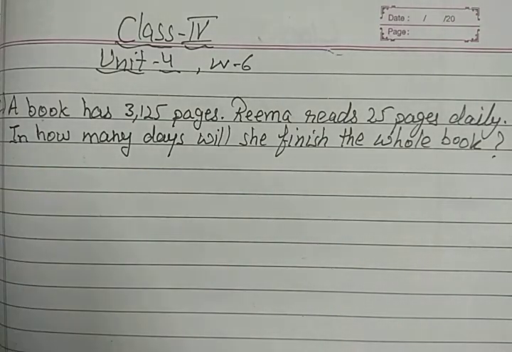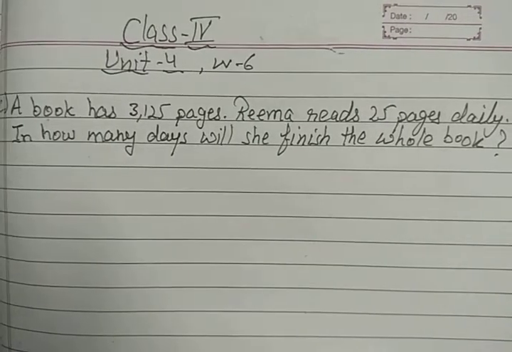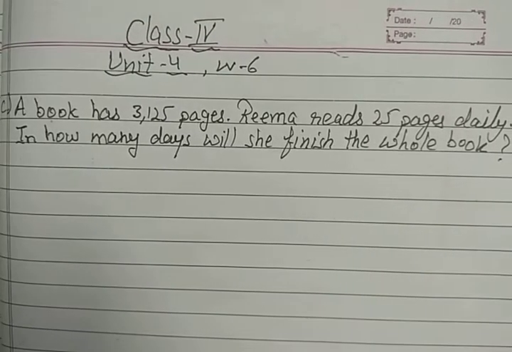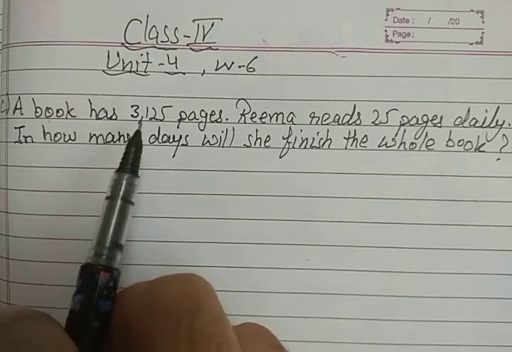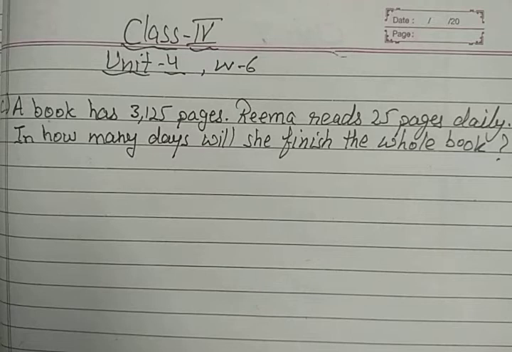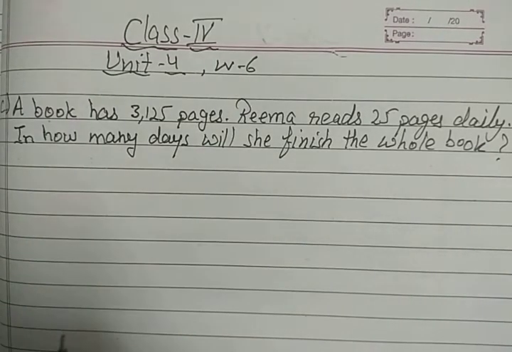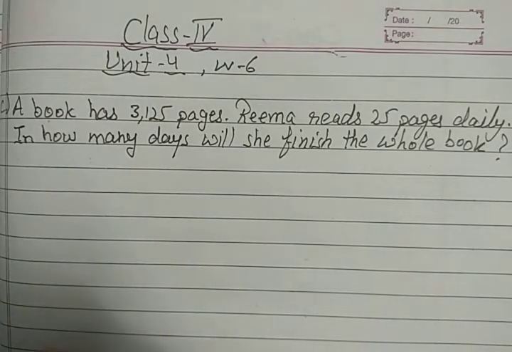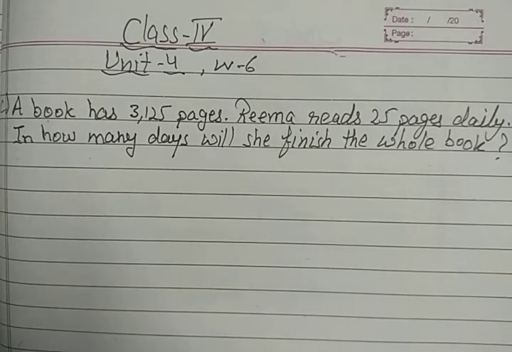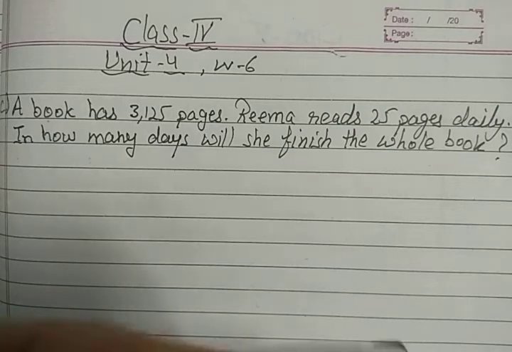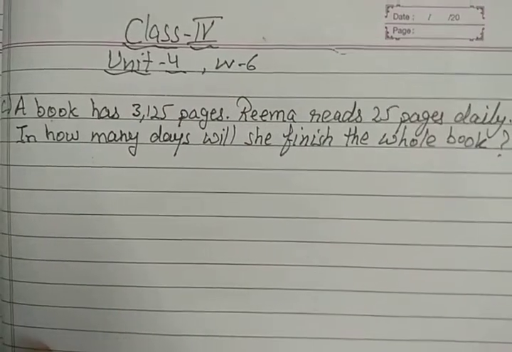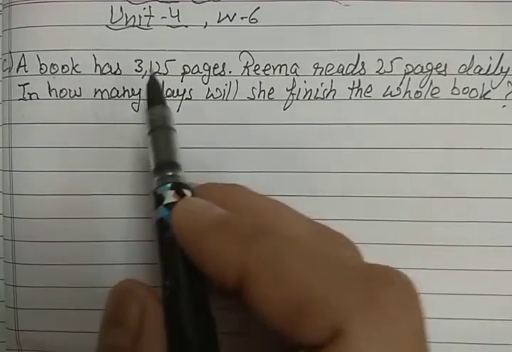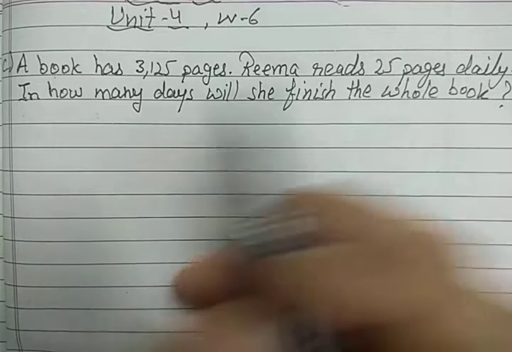That means हमें इन पेजेस को 25, 25, 25, 25 इस तरह से डिस्ट्रीब्यूट करना है. सो इक्वल डिस्ट्रीब्यूशन जब हमें करना होता है तो हम क्या करते हैं? इक्वल डिस्ट्रीब्यूशन मीन्स डिवीजन. जब भी हम किसी भी चीज को इक्वली डिस्ट्रीब्यूट करते हैं देन वी हैव टू डिवाइड. सो हियर 3,125 पेजेस को हमें इक्वली डिस्ट्रीब्यूट करना है 25 पेजेस में. दैट मीन्स 25 पेजेस इन फर्स्ट, देन सेकंड 25 पेजेस, देन अगेन 25 पेजेस, लाइक दिस. सो जितनी बार ये डिस्ट्रीब्यूट हो गए 25 करके, उतने नंबर ऑफ डेज में ये बुक फिनिश होगी रीड करके. आई होप द क्वेश्चन इज क्लियर टू यू. 3,125 को इक्वली डिस्ट्रीब्यूट करना है हमें 25 पेजेस में डेली जो वो रीड कर रही है.